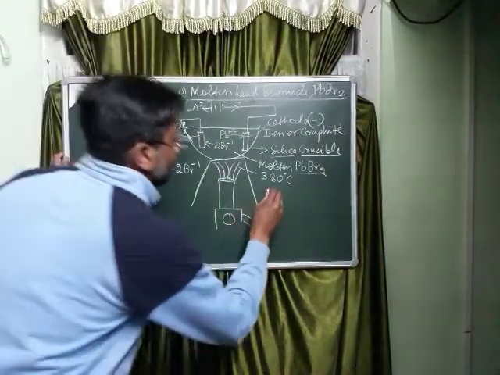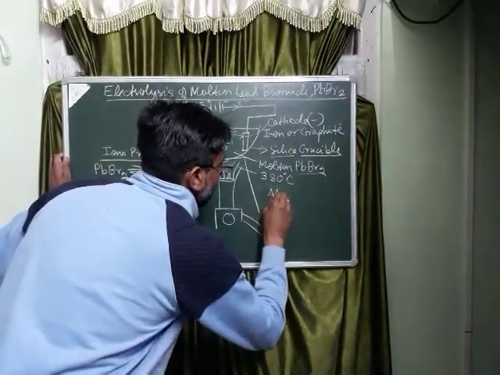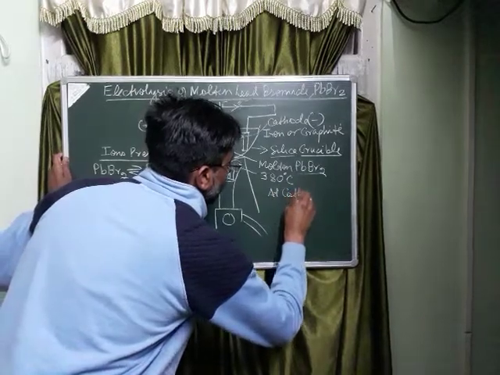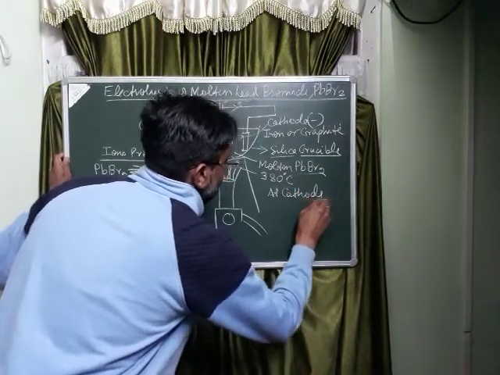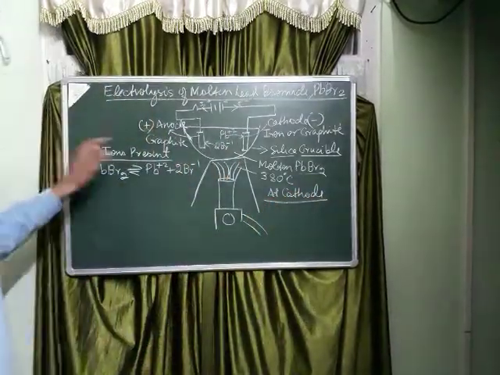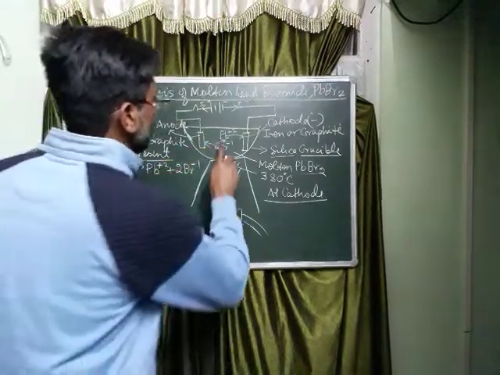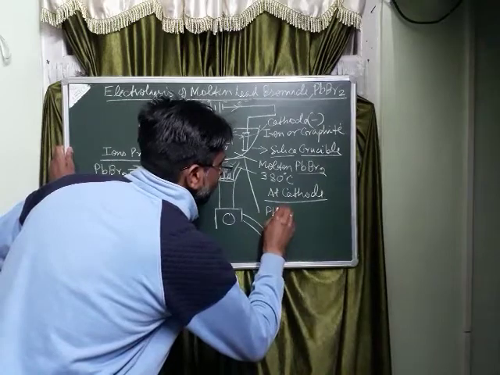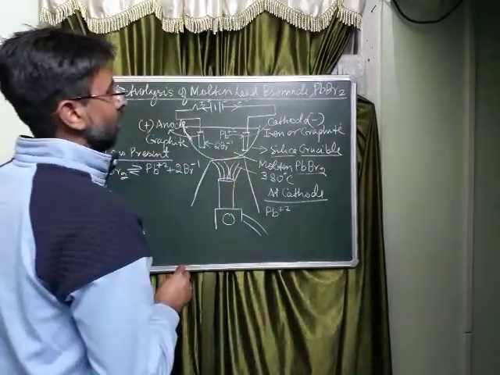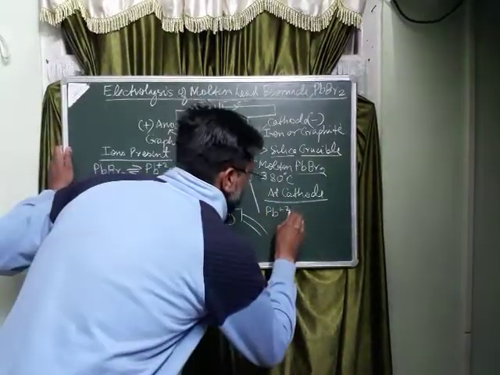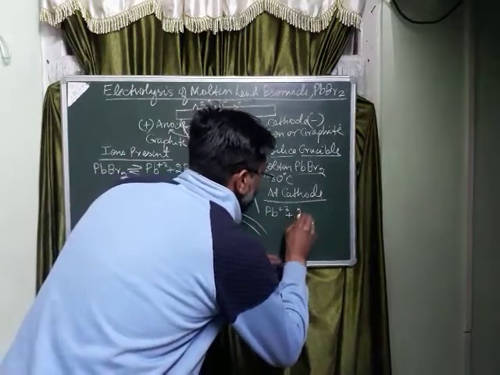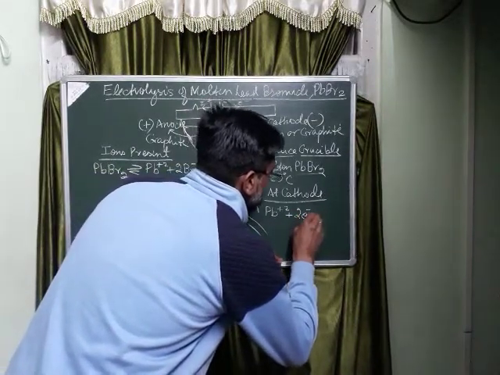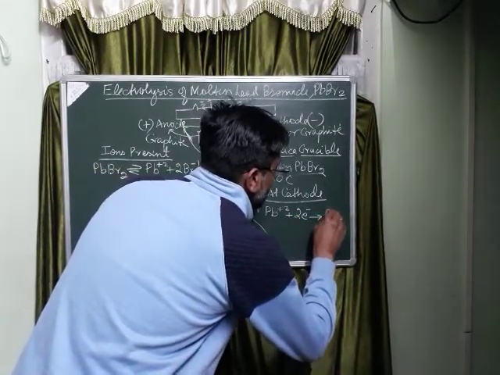Now, at the cathode, the lead ion, Pb2+, goes to the cathode, and it takes 2 electrons and forms lead metal.